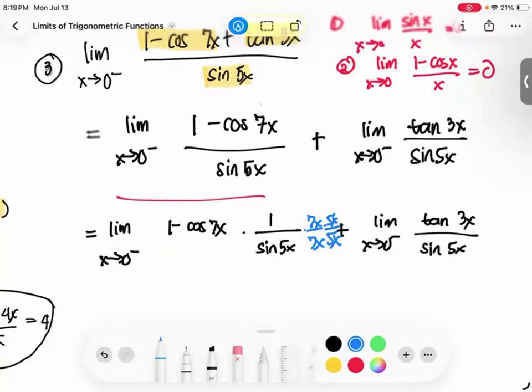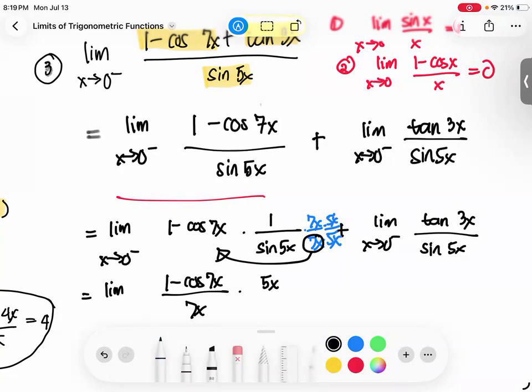So this will be the limit of 1 minus cosine of 7x over 7x times 5x over sine of 5x. And then you have 7x over 5x. The x here cancels. You're left with 7 over 5. Okay. We have already arranged this.